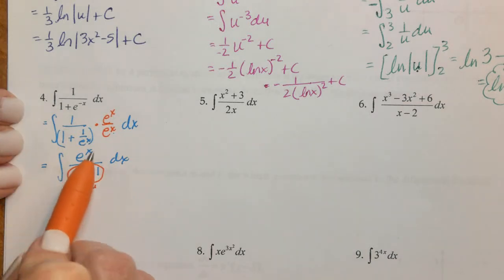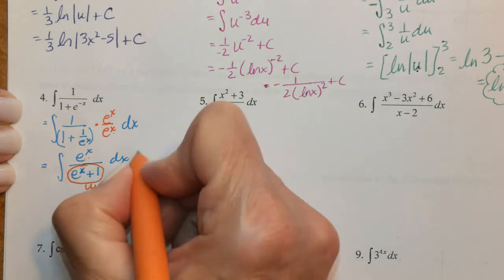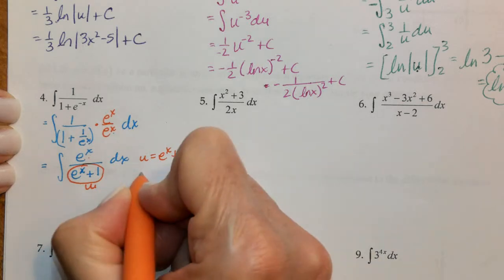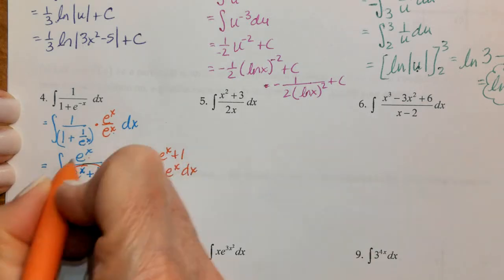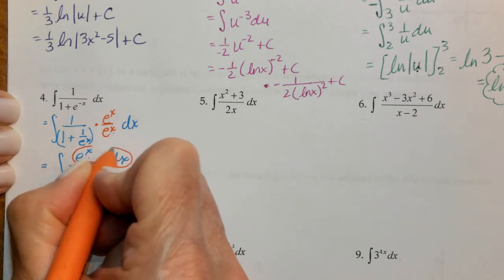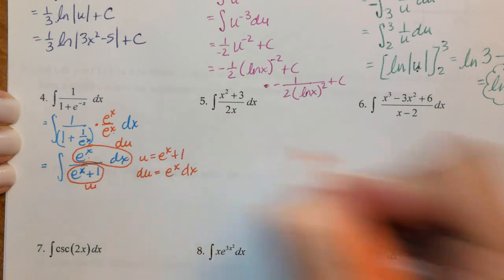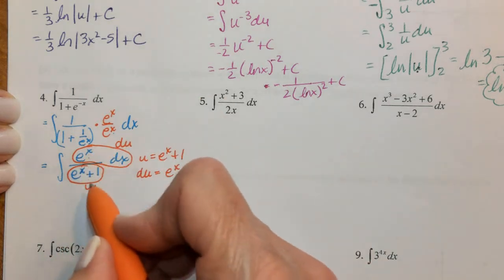It's waiting for me just like a Christmas present from Santa, right? So I'm going to let u be the e to the x plus 1. Du is just e to the x dx. And there's my e to the x dx waiting for me under the Christmas tree. So there's my du. Exactly. And now I have 1 over u du.